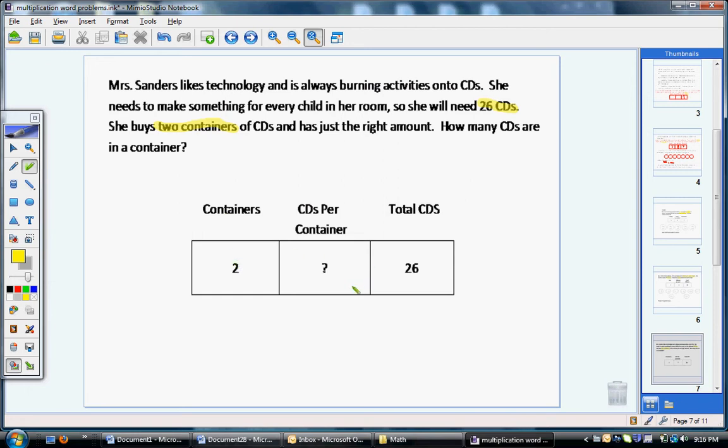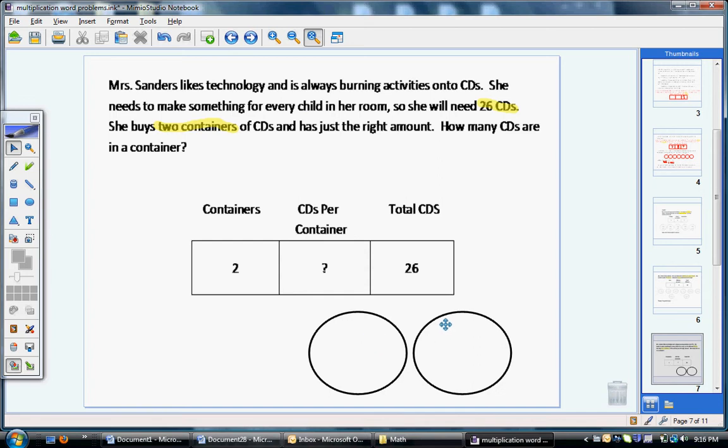After I have my diagram filled out, I need to draw the picture. In this one, I remember the first box tells me how many groups I need to draw. So right here I've drawn my 2 groups, my 2 containers. Now I need to end up putting 26 CDs into these 2 containers.